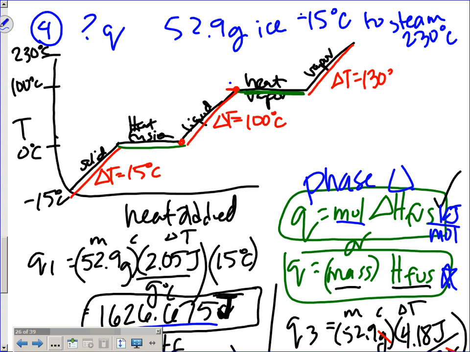What? Which one is it? It's a mole. It's a mole times the heat of fusion. It's actually not that bad. Okay. We have to use that mole triangle, delta H fusion. Yes. Either one of those will work, depending on if you have moles or grams.